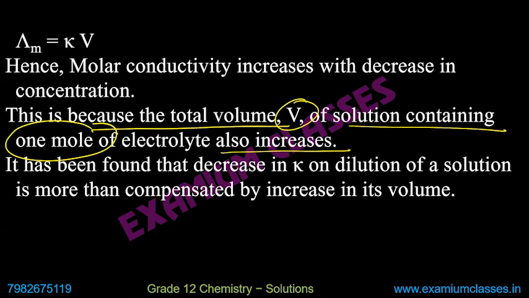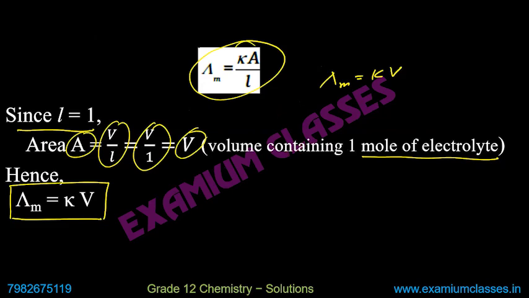And this is the difference. From here, you will get a question: why does conductivity decrease with dilution, but molar conductivity increases with dilution? The reason for conductivity was that although on dilution the number of ions increases, the number of ions per unit volume decreases. And that is the conductivity, that is mole per liter.